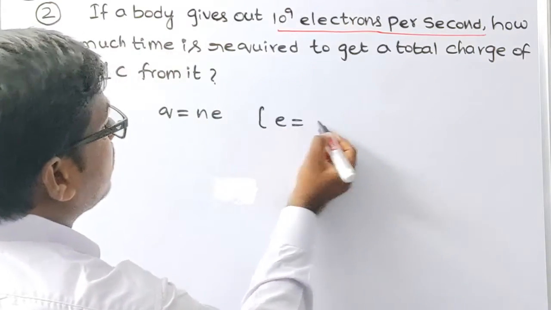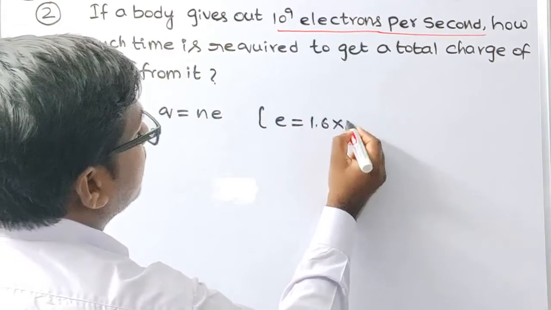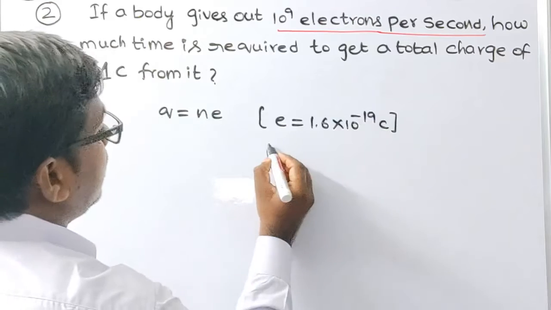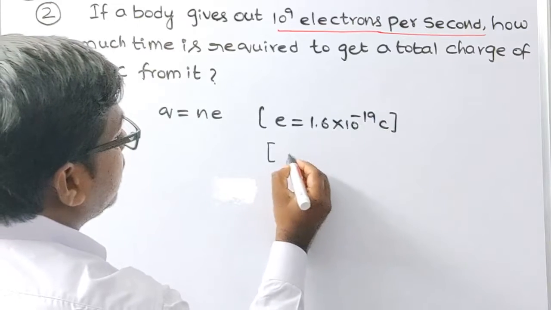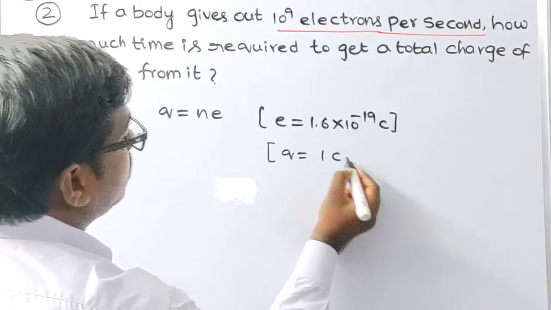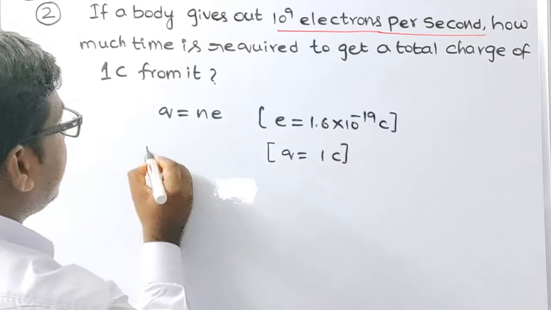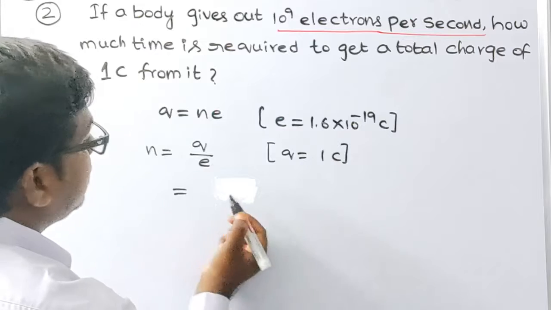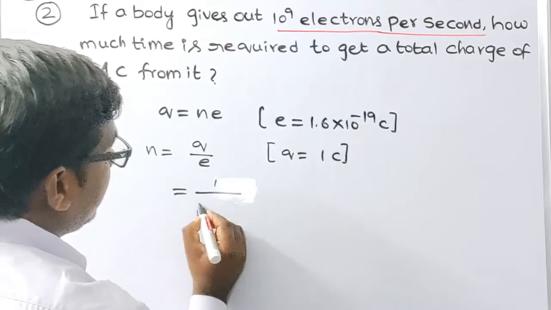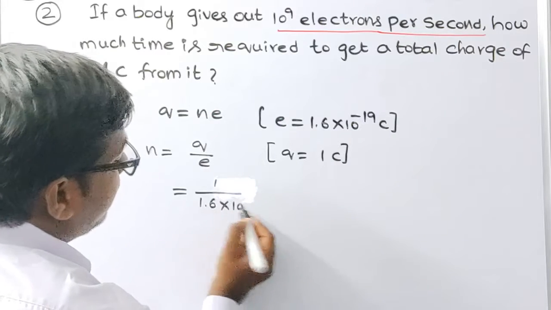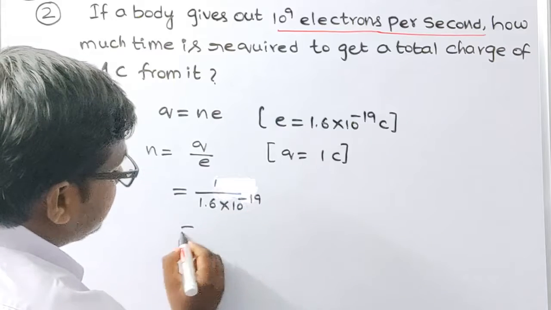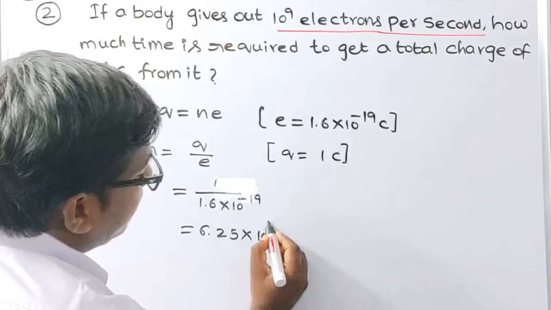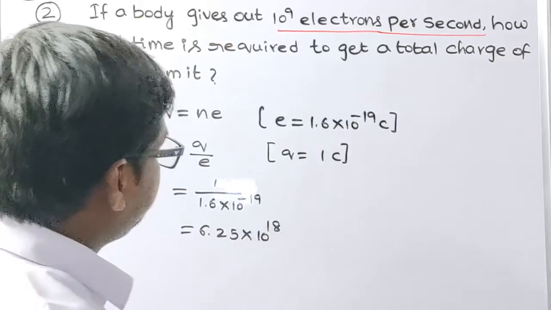Here e is equal to 1.6 into 10 power minus 19 coulombs, and Q is equal to 1 coulomb. Then N is equal to Q by e, that is 1 by 1.6 into 10 power minus 19, which is 6.25 into 10 power 18 electrons.